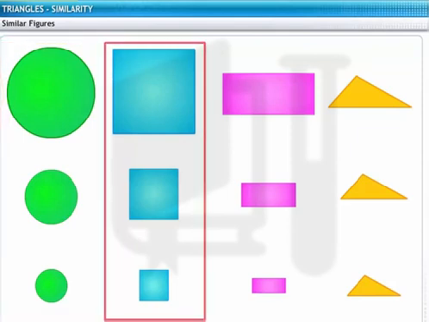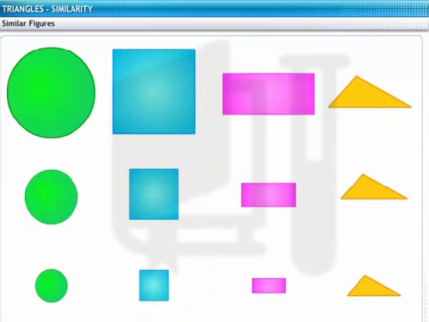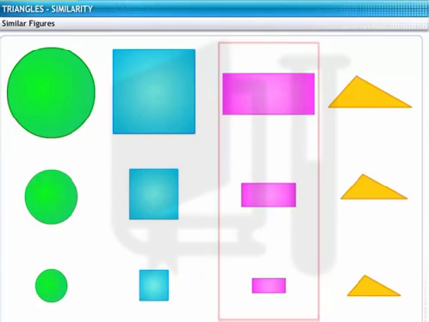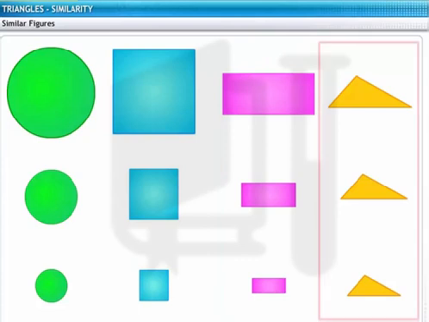All squares are similar to each other as their angles are equal and their corresponding sides are proportional. Using the same logic, all rectangles are similar as the angles are equal and two pairs of corresponding sides are proportional. Now, let's check the similarity of triangles.